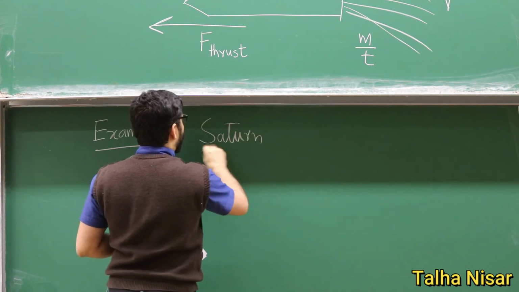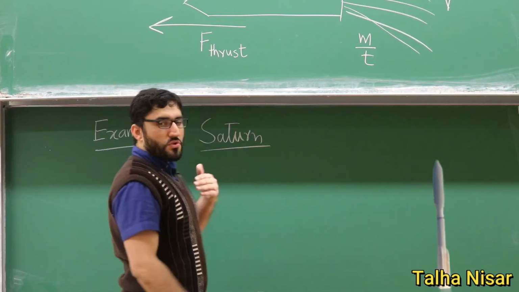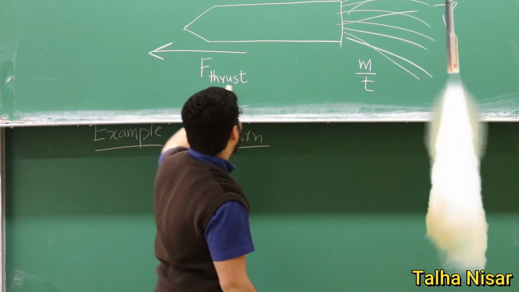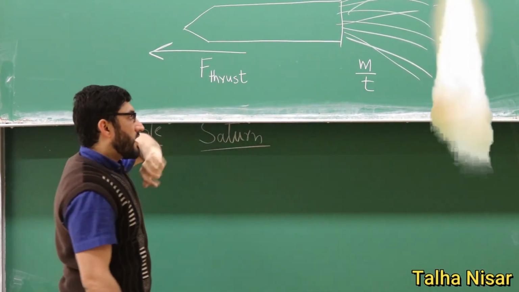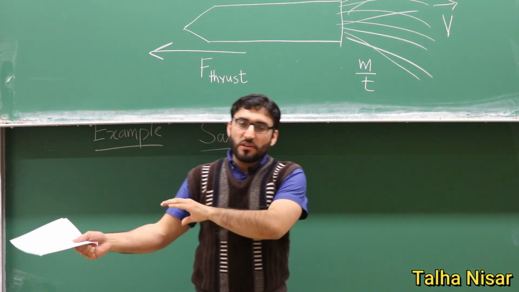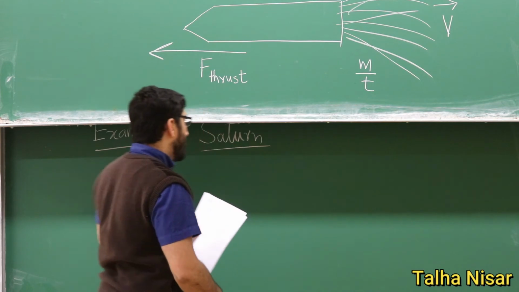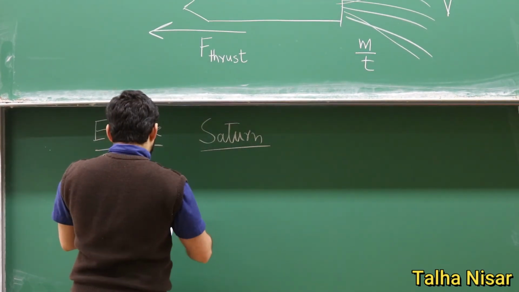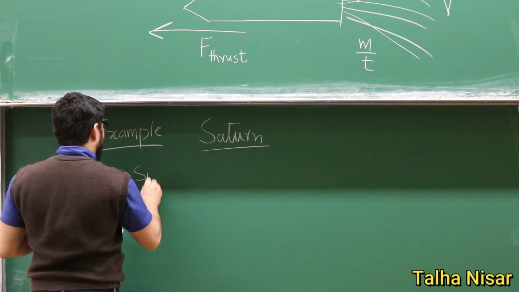So this rocket was sent to the moon, and we want to know how much mass was coming out of the rocket, how much force the rocket felt, and what was the velocity of the fuel, or the gas, that was coming out of the rocket.